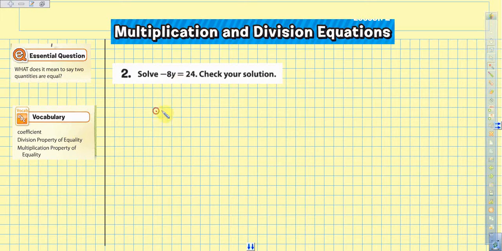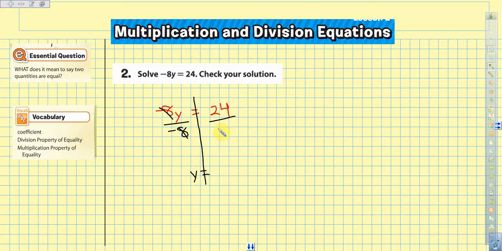Here's another problem. You have negative 8y, or negative 8 times y, is equal to 24. I draw my line. Division property of equality, divide by negative 8. I want the y, so I need to make sure that I get rid of all negatives. Negative 8 over negative 8 is 1. I get that y by itself. That's what I wanted.